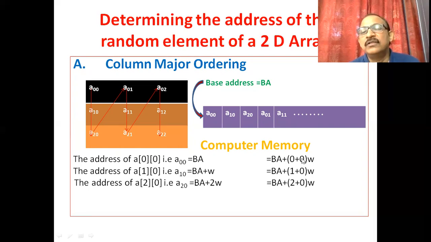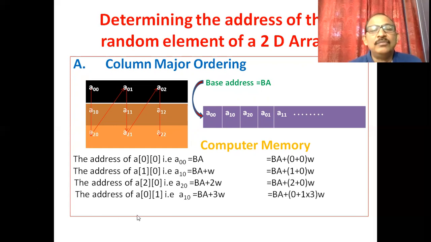Here you can see the column subscript is 0, and row is changing 0, 1, 2.